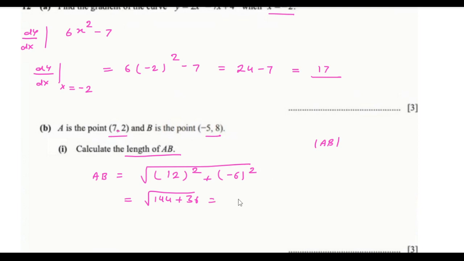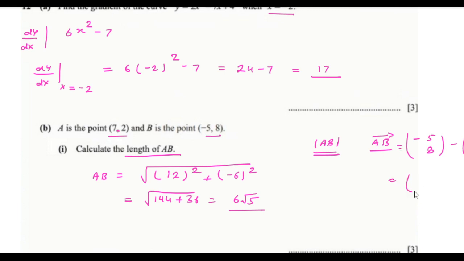Right. Perfect. You can also consider modulus. If you think in terms of vectors, then you will first find vector AB. So vector AB will be what? It's your B vector, which is (-5, 8), minus your A vector, meaning the position vector of A, which is (7, 2).